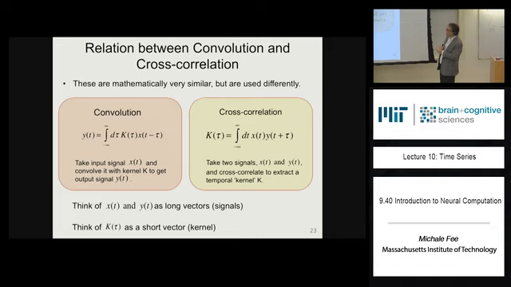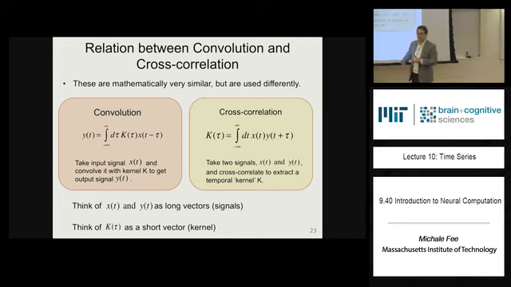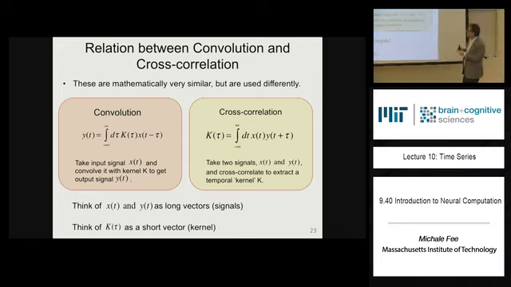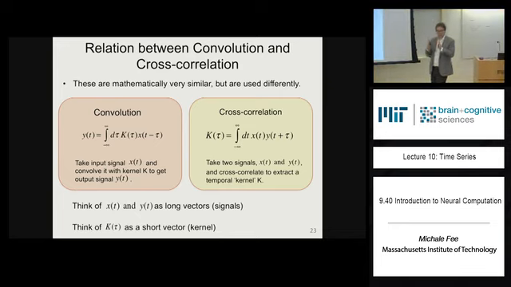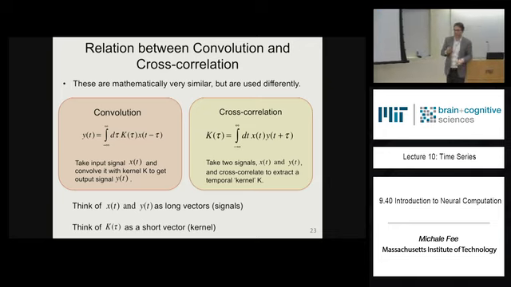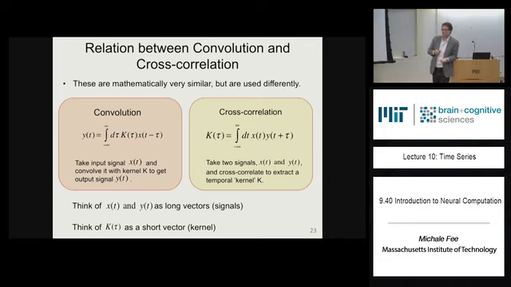These signals might be 10 or 20 seconds long or an hour long, but the y doesn't depend on what x was doing an hour ago. It only depends on what x was doing maybe a few tens of milliseconds or a second ago. So that's why x and y can be long signals, and k is a short vector that represents the kernel. All right, any more questions about that?